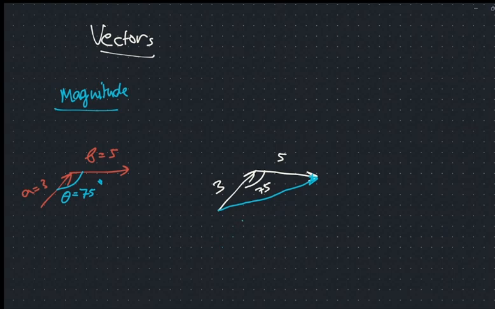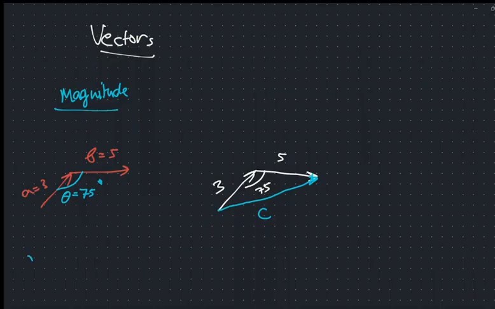Now to find the length of the longest side, from two side lengths and the angle theta between them, we use the cosine theorem, right? Let's call this vector C, for example.